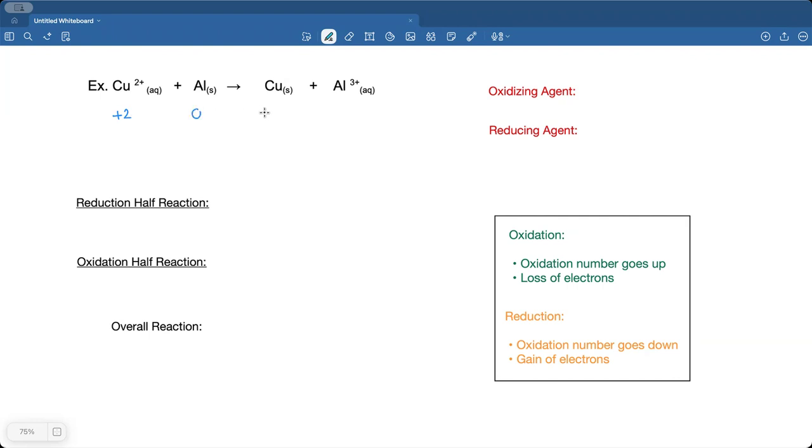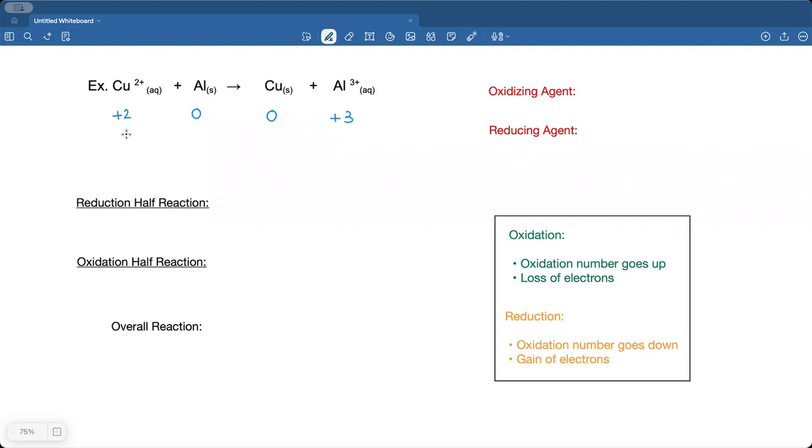Aluminum is neutral, so the oxidation number is 0. For copper, it's also 0. And for this one it's +3. However, in more complex cases, like when atoms are in a compound, the oxidation numbers are going to be different. For that, I have another video that I've made, so I'll tag it here. You can take a look at that video to learn more about the rules for assigning oxidation numbers.